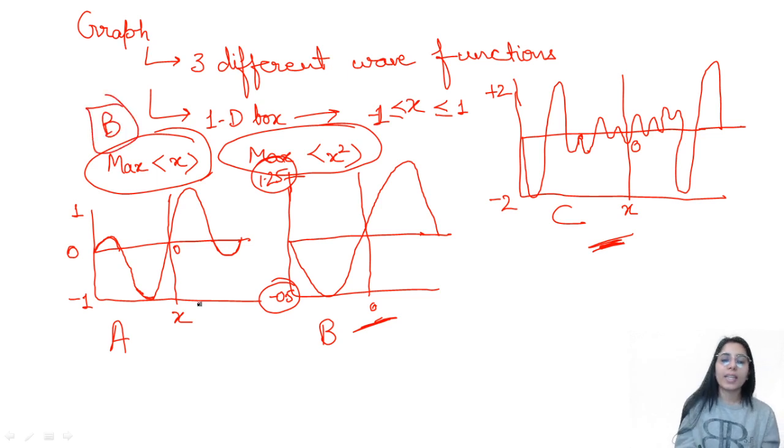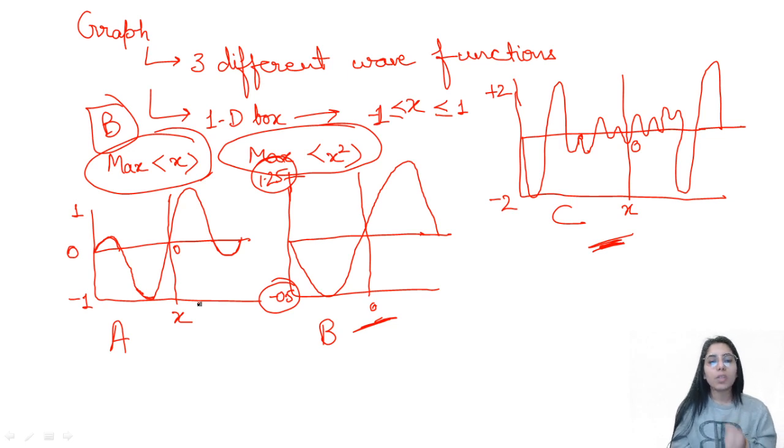I hope you are getting it. In the other two graphs it was approximately 0, because towards the positive and the negative side we were getting almost equal values. If we add them together, they will give us approximately 0. Done. So that's why for B, because the magnitude of the values on the upper and the lower side are different, and the upper one is greater than the lower one, hence it has great chances to have the maximum expectation value of x.